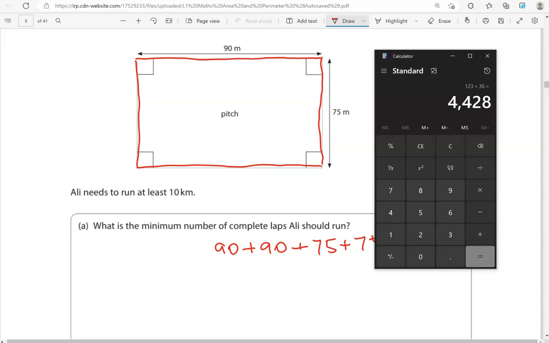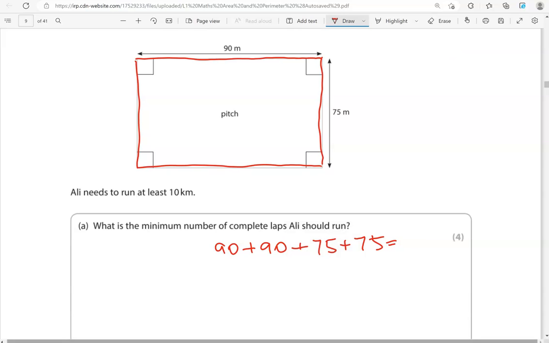So adding these together gives us 330 meters. So in 1 lap there are 330 meters.